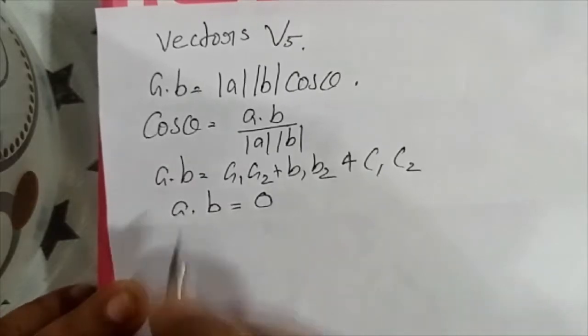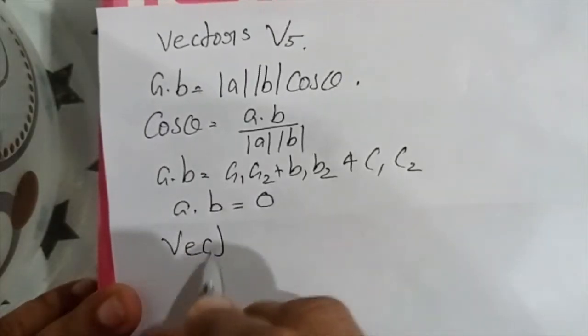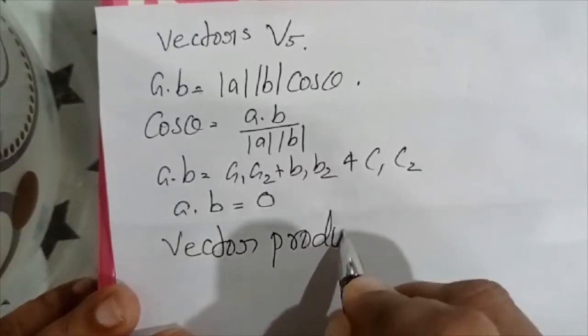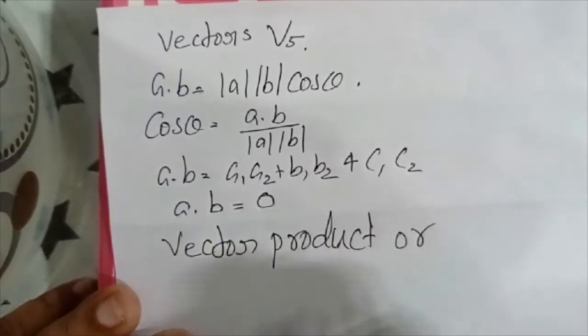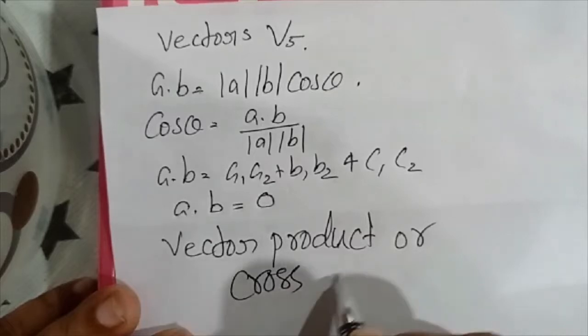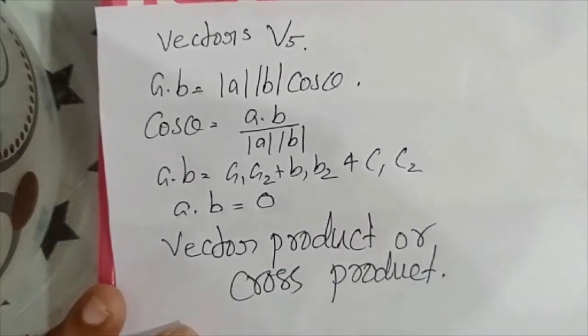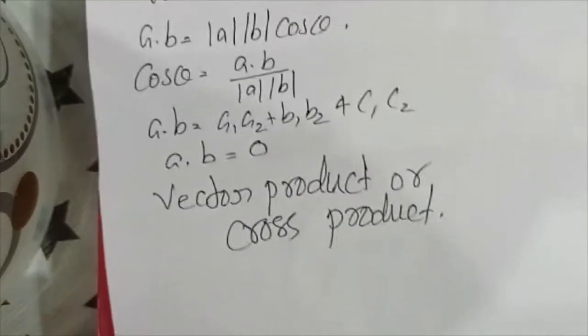vector product or cross product. Vector product or cross product of two vectors. Right.